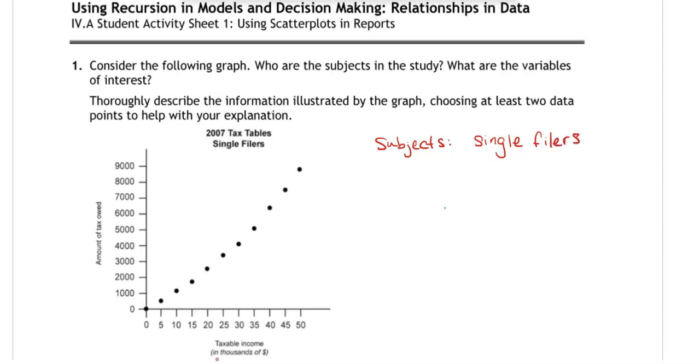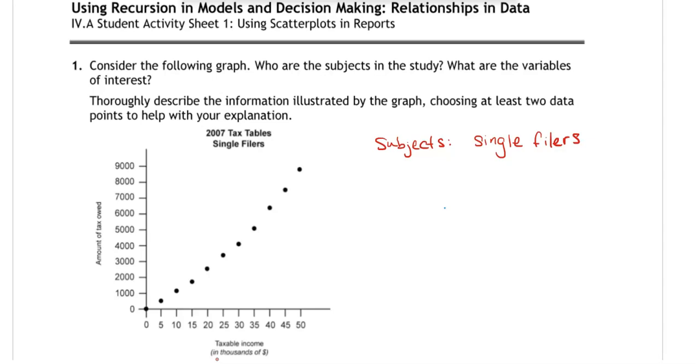I wouldn't say so much 2007, but we could say it's 2007 single filers. That means it is somebody who is filing as an individual, not married, no children, no dependents, nothing like that. It's just a single individual.